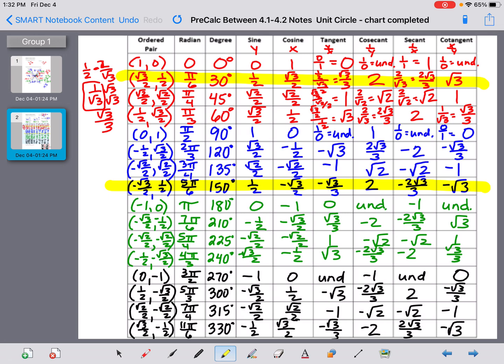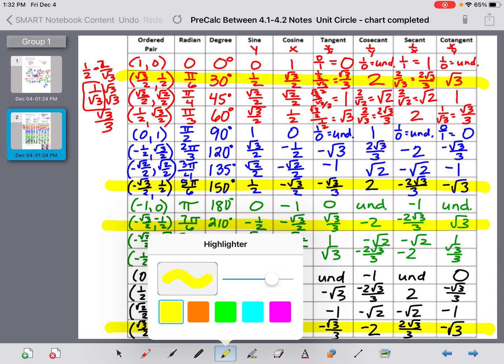And then I see it right away again at 210 with just some sign changes. And I notice those same values one more time, it skips quite a few until I get down to 330. But they all have the same numbers, just with sign changes. Okay, so that one looks true. What else?